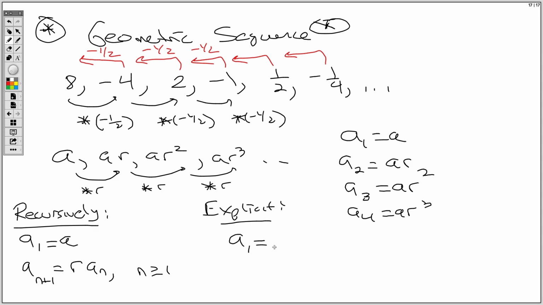So a sub n would be ar to the n minus 1 for n bigger than or equal to 1. That would be the explicit formulation for a geometric sequence. And you can see what a geometric sequence is just from this: geometric sequences are exponential functions.